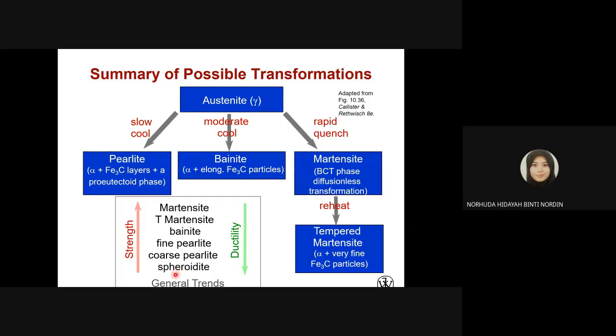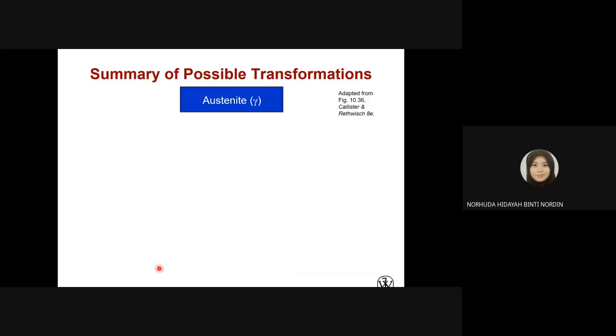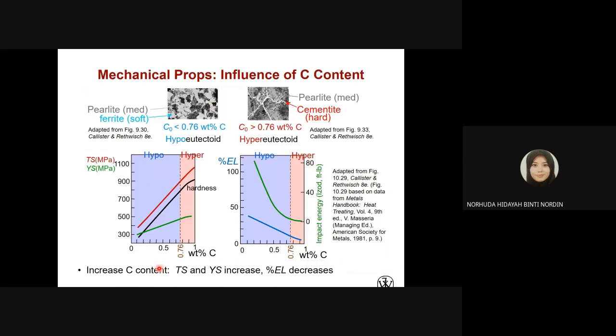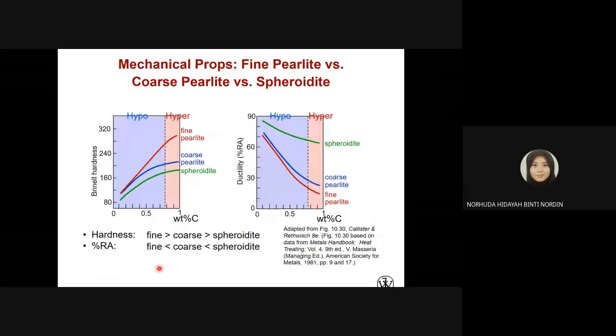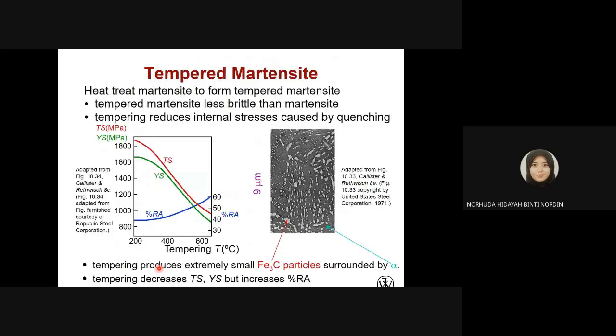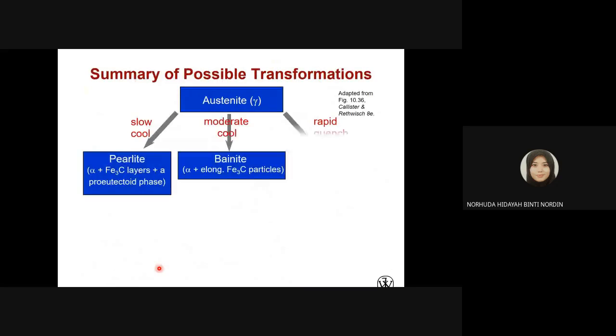Okay, spheroidite. Sorry, I said before spheroidite is very hard, but spheroidite is very soft actually. That's why spheroidite has elongation that is very high, soft compared to fine pearlite.